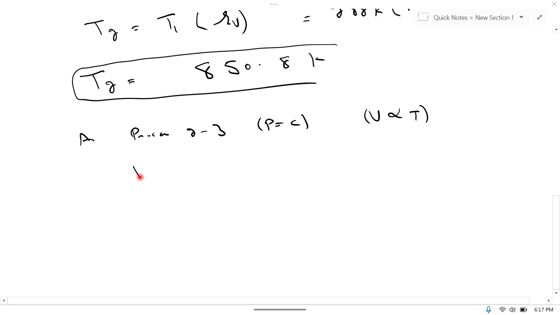So we can write the equation V3 divided by V2 is equal to T3 divided by T2. It means that V3 is directly proportional to T3 and V2 is directly proportional to T2. This is basically Charles' law.